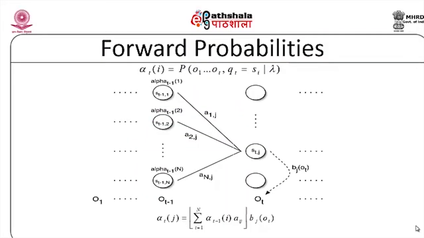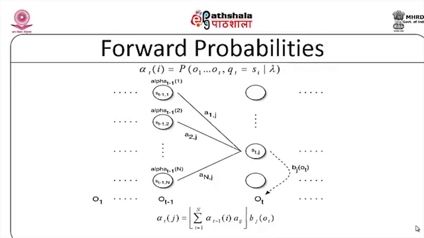I will repeat this. At t minus 1 you have alpha of t minus 1 for state 1, alpha of t minus 1 for state 2, up to state n. What we are trying to do is, from 1 you go to j, from 2 you go to j, from n you go to j. That is why we have 1 to n. Now we want to find the forward probability that at time t you will be in state j, so you take a summation of all those probabilities.